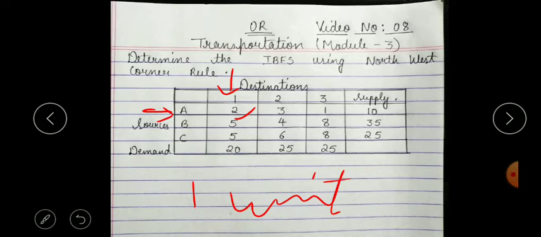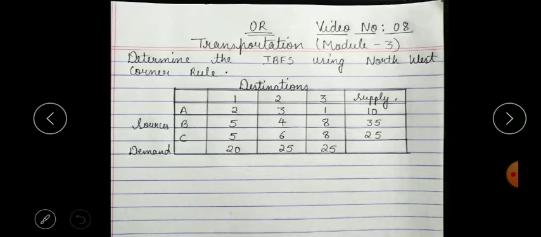I hope you are understanding. Similarly, if you want to transport 1 unit of item from source C to destination 2, it will cost you 6 rupees or $6. Fine. So these are the unit transportation costs given here.